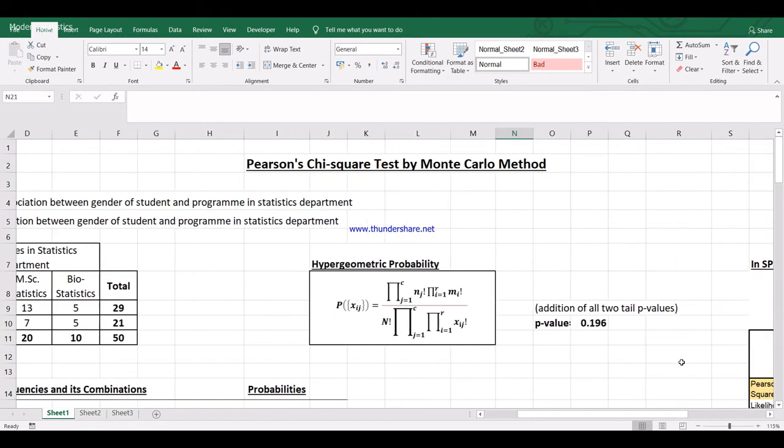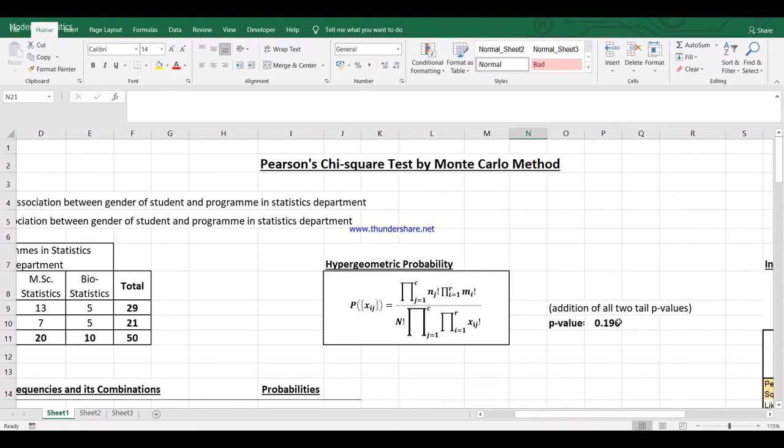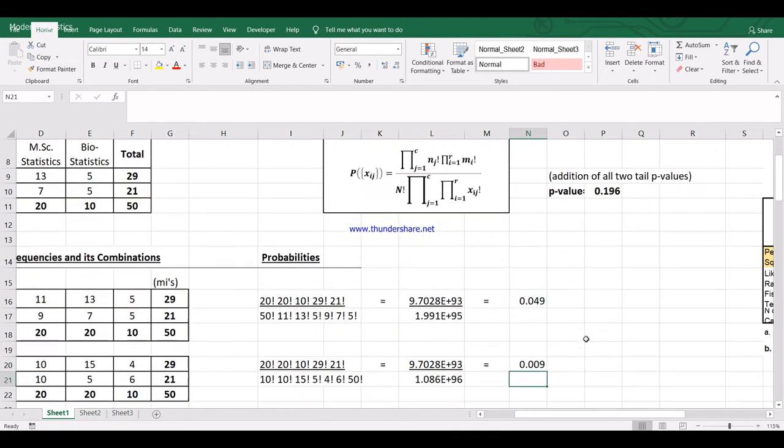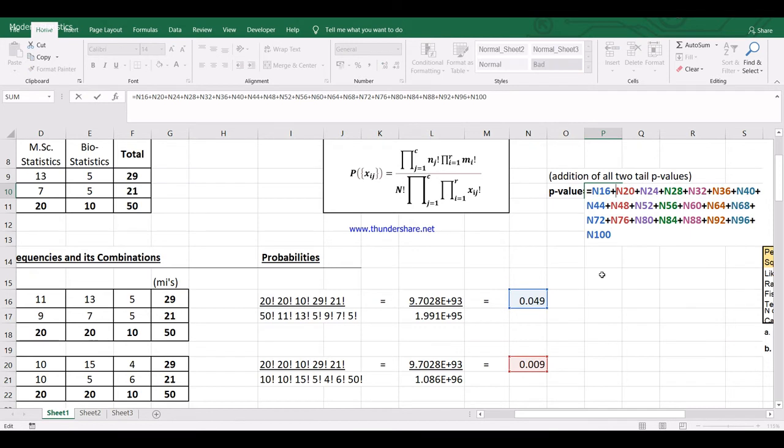Now how to find the p-value estimate? The p-value estimate is the addition of all the p-values, or I can say all the two-tailed p-values. These are all my two-tailed p-values. Okay, now I have to add all those two-tailed p-values which are less than the p-value of the original data.